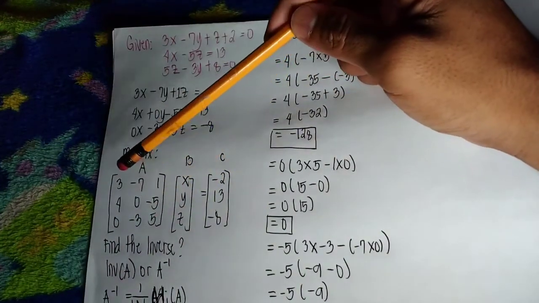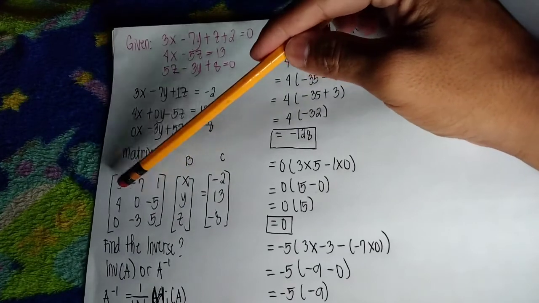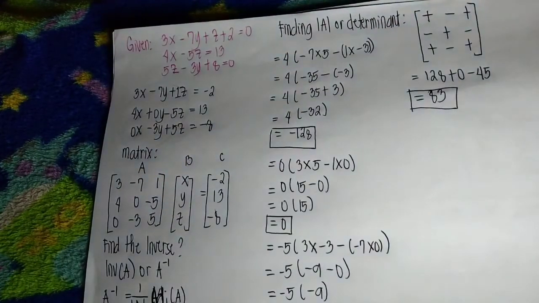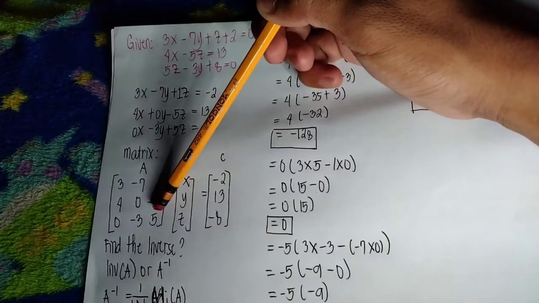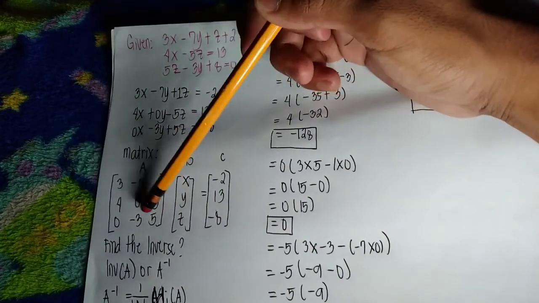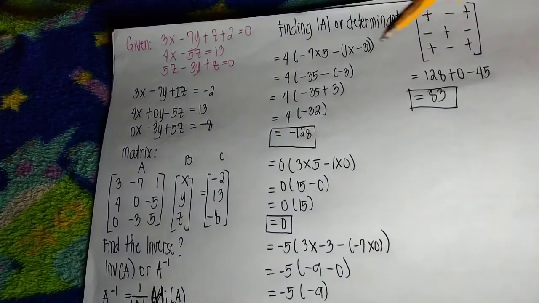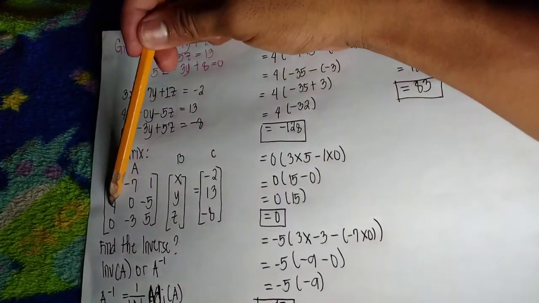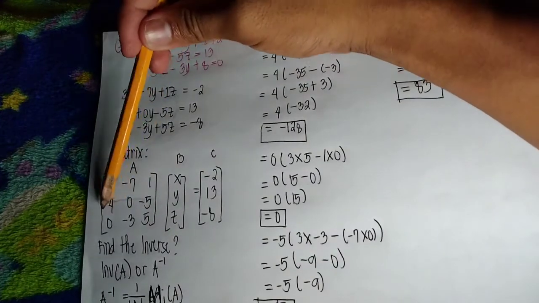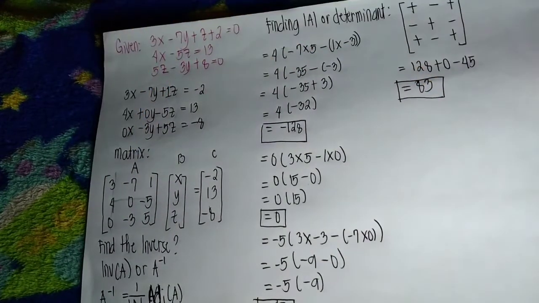Kung mag-compute ka kahit saan, same lang ang result. So we will find the determinant using the second row, yes, the 4, 0, and negative 5. So example 4, i-cover natin ito, we will cover it here.